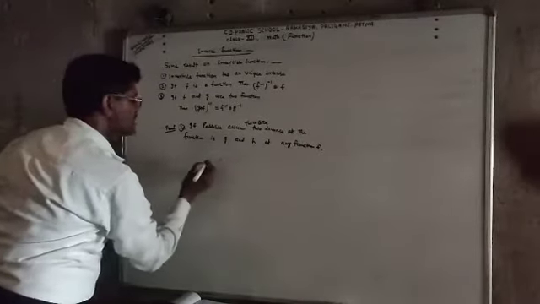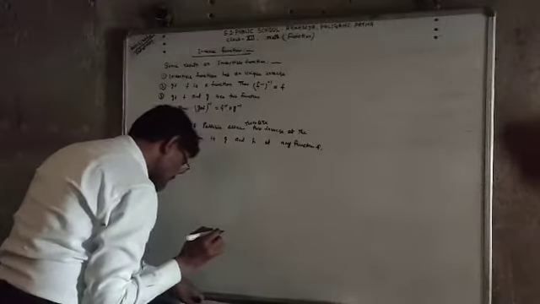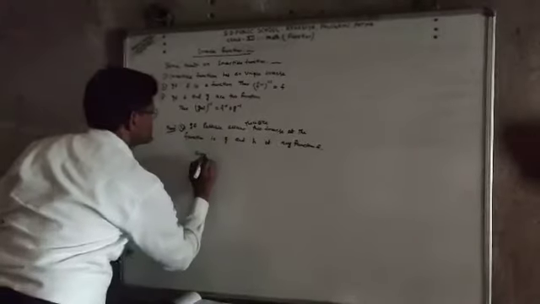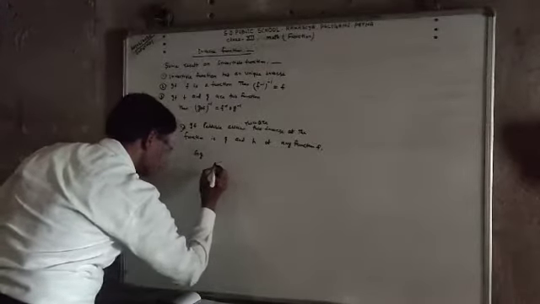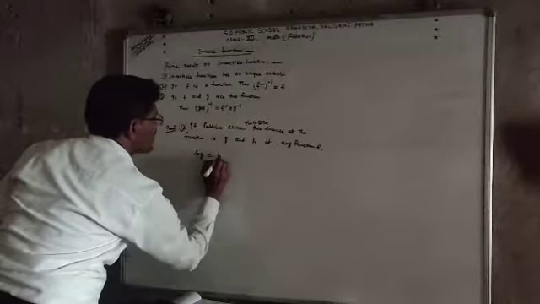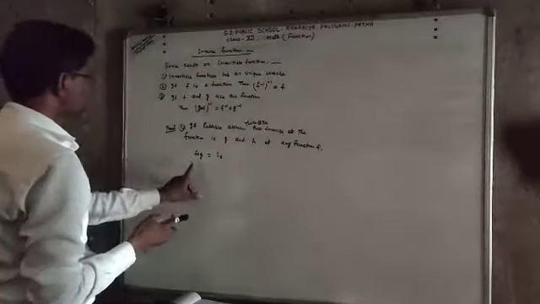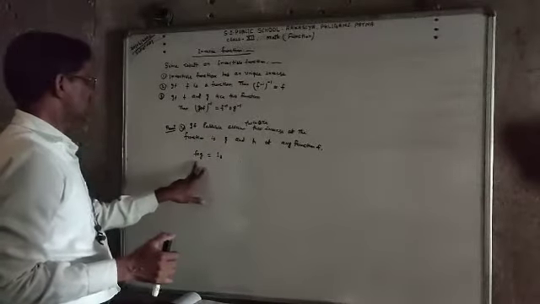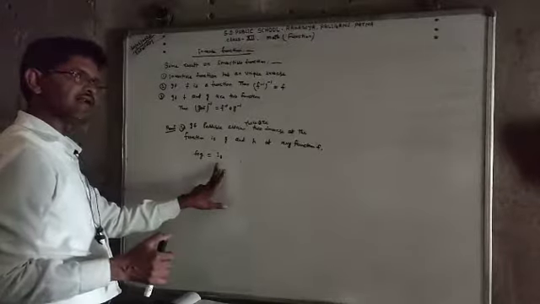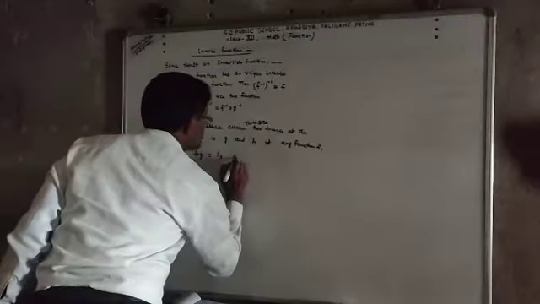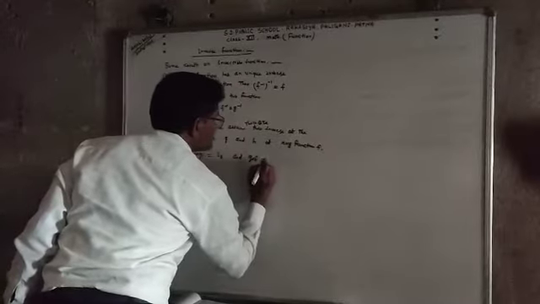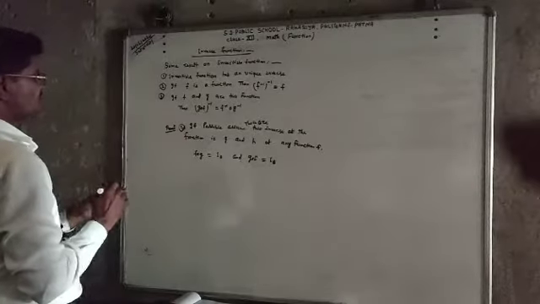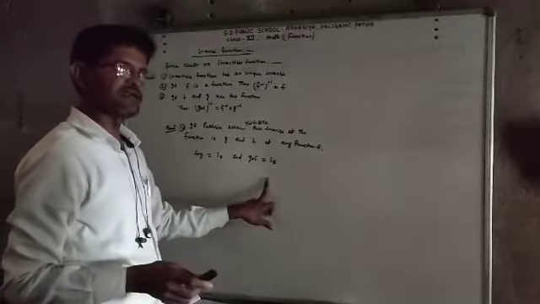The first composition is taken as fog, and fog is equal to I. If g is the inverse of the function, then their composition with function f will be an identity function, and g of f is also an identity function. Means the composition of the function with its inverse is an identity function.